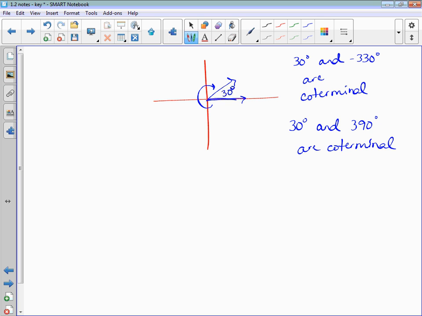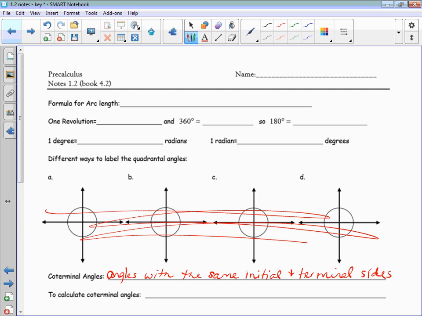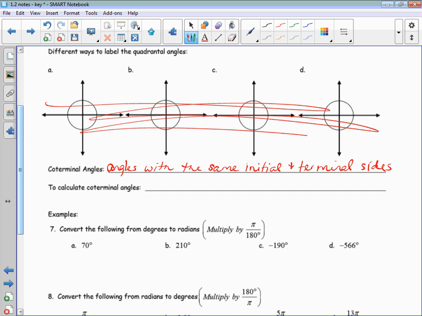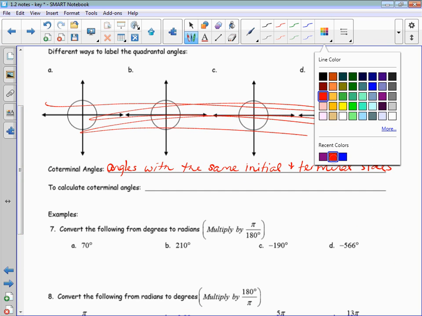So let's think about that. So 30 degrees right there, right? 390, the exact same spot, but you've gone all the way around. Okay? So how do I get from 30 to 390? Add 360. So on your notes there where it said how do we calculate coterminal angles, you add or subtract 360 degrees.